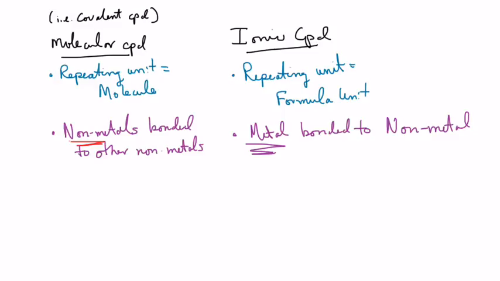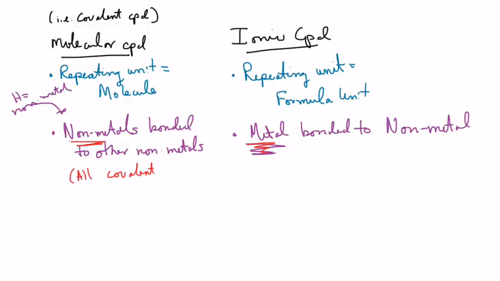If in the formula you have any metal at all, then you have an ionic compound. And hydrogen is considered a nonmetal for purposes of this discussion.